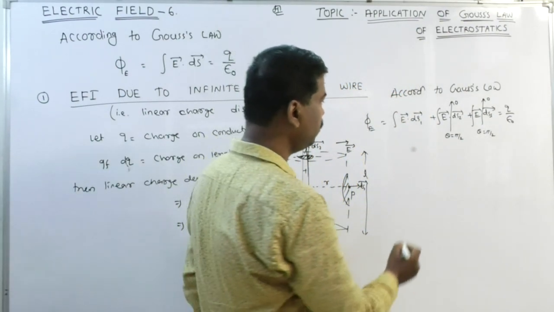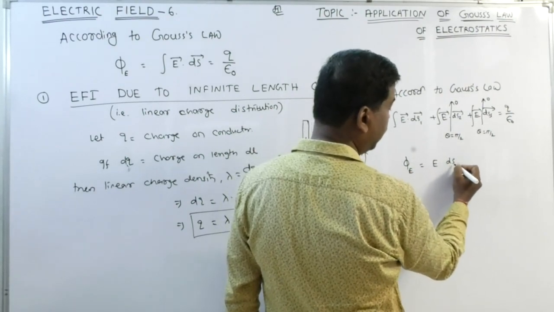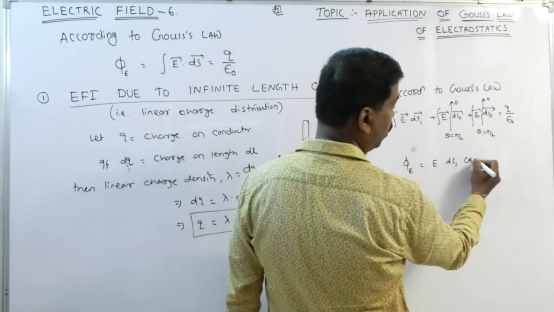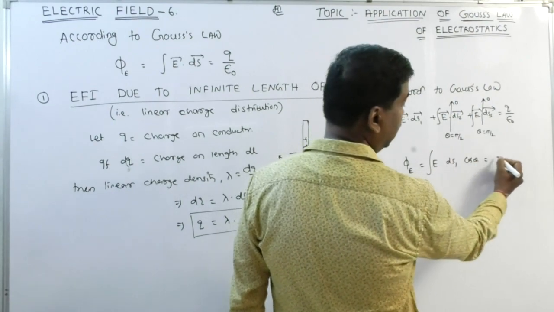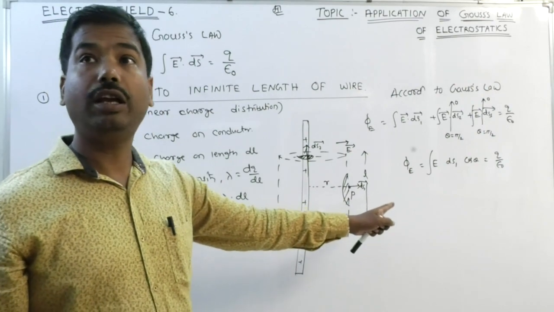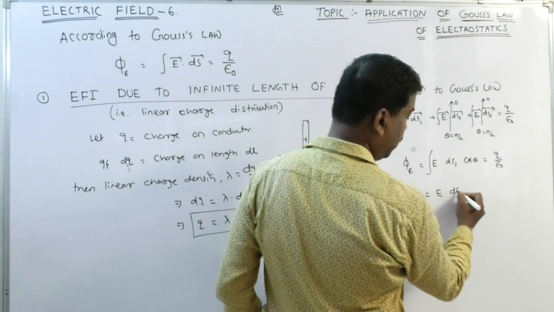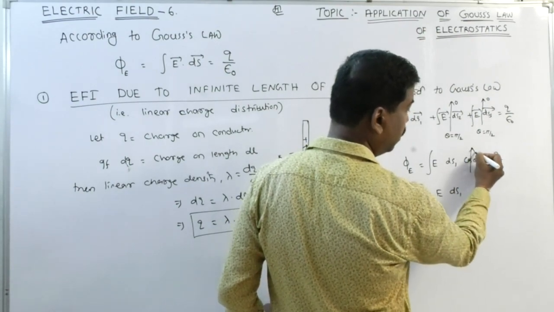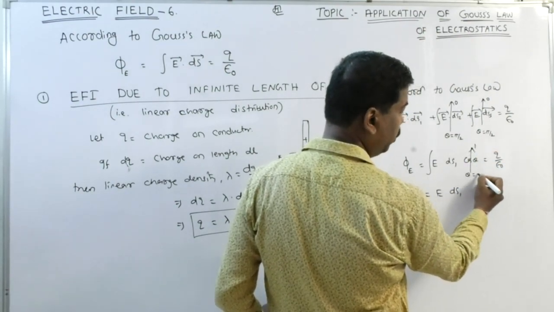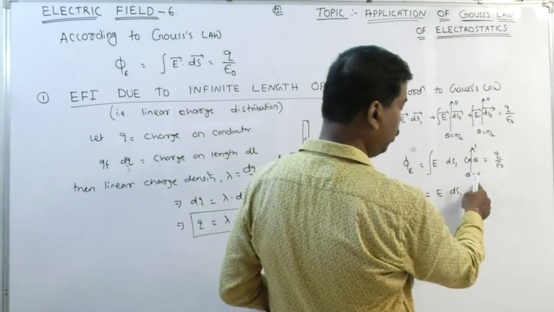Clear? Therefore, phi E is equal to E ds1 cos theta is equal to q by epsilon 0. Clear? So, E ds1, because cos theta is 1 as ds1 vector and E vector are parallel, so theta is equal to 0.